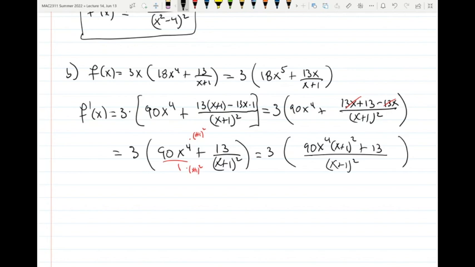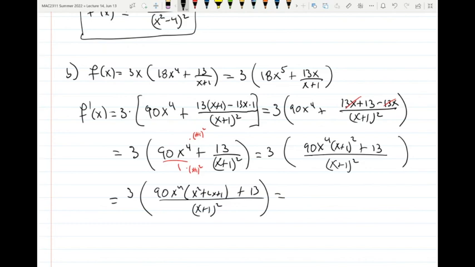Everybody understand this? All right. And now, just let's see, is it even worth distributing? Yeah, let's just find the final form. So I'm going to have my 3 times 90x to the 4 plus x squared plus 2x plus 1 over this.